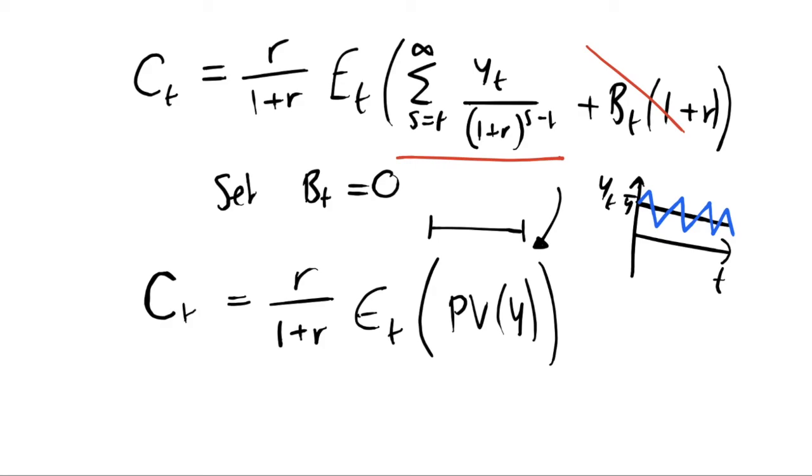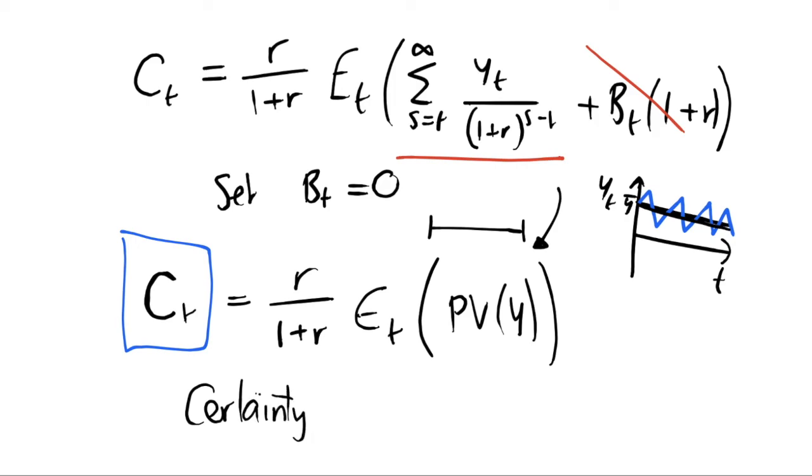Our current consumption is still going to be exactly the same, whether we think things are just going to be very constant in the future or we're going to have lots of ups and downs in our income. It doesn't matter for what we currently choose of consumption in period t, and this idea is known as certainty equivalence. So we just take future values as if they are equal to their mean, certainty equivalence.